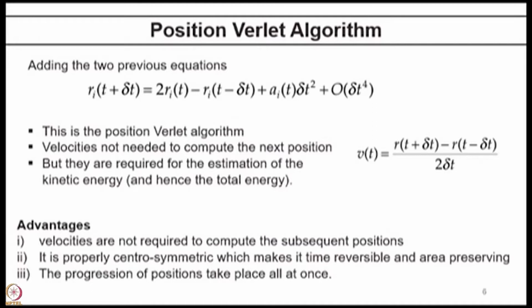Since you know positions at t plus delta t and t minus delta t, you know the velocity as it's given on the right hand side of the equation, and you have to store the velocity, not only because you have to check the kinetic energy, and you have to get many properties. You need the velocity. So by this way, I get the full phase space information, the motion of the trajectory in the full space.